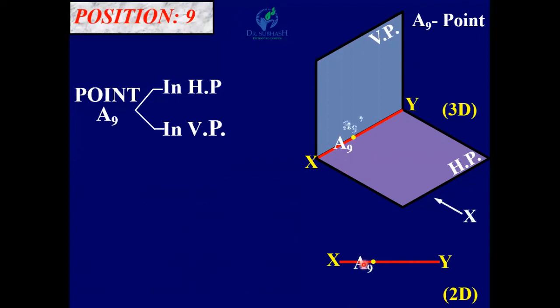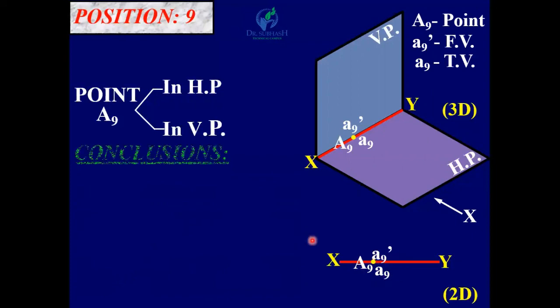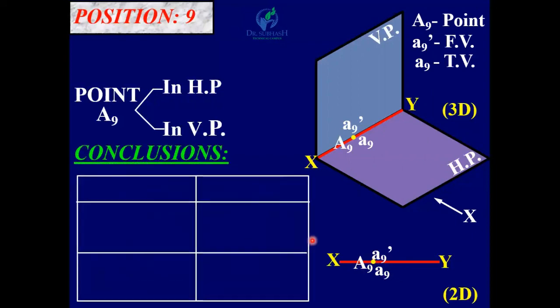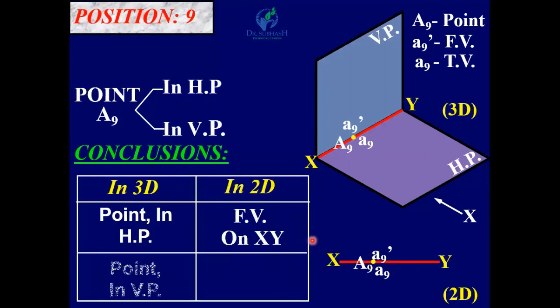For front view, A9 dash is also on XY line, and for top view, A9 is also on XY line. So when the point is on both planes, both the views are on XY line, including the original point. Okay, so conclusion, point in HP, front view on XY, point in VP, top view on XY.